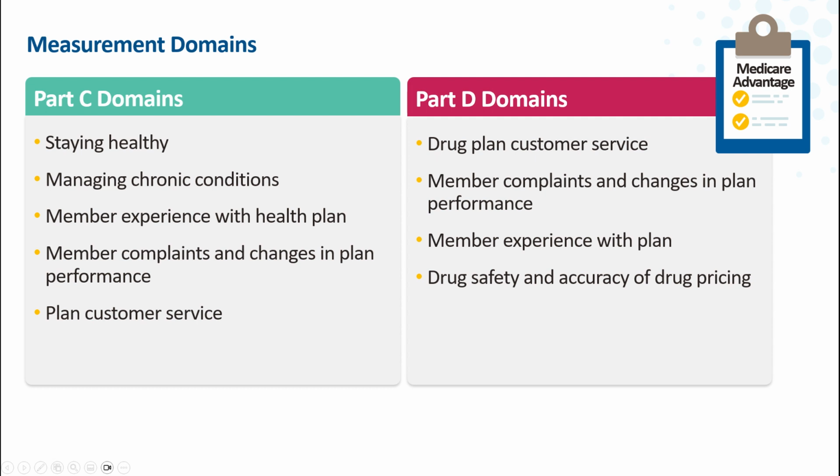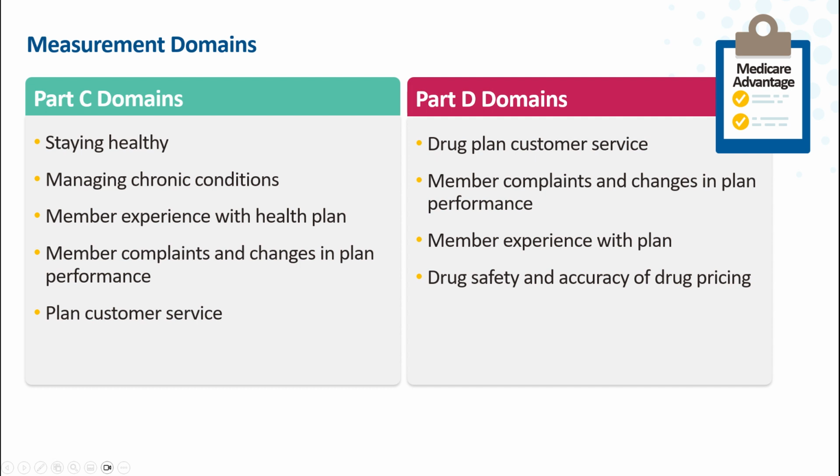To assess Part C and Part D quality and performance, CMS groups measures of similar focus into discrete domains. There are 5 domains total in the star rating system for Part C plans and 4 domains for Part D plans, or PDPs, as you can see here. For Part C, the domains include staying healthy, managing chronic conditions, member experience with the health plan, member complaints and changes in plan performance, and plan customer service.